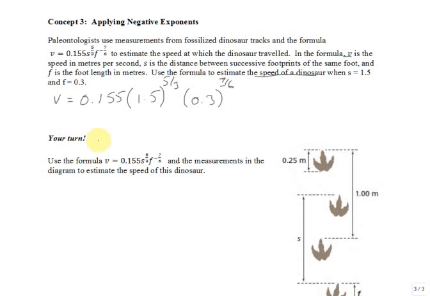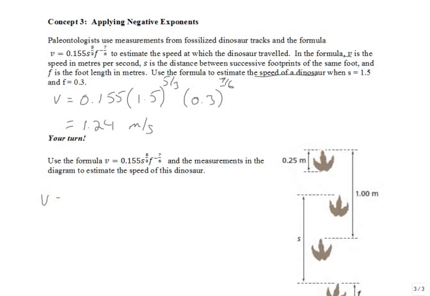Now, there's no way you're going to do this and get an exact number. You're just going to plug that into your calculator and you're going to get 1.24 meters per second. So pause the video, make sure you can get that, and then go ahead and do the next question. And then come back and check your answer.